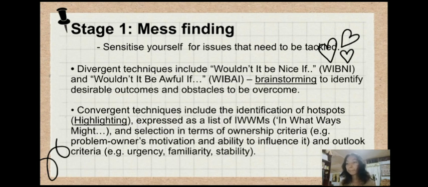So when we say in what ways might I pass these exams, or in what ways might I increase my grade, so you need to study hard, then you need to review, you need to research furthermore, and selection in terms of ownership criteria, like problem owners' motivation and ability to influence it.